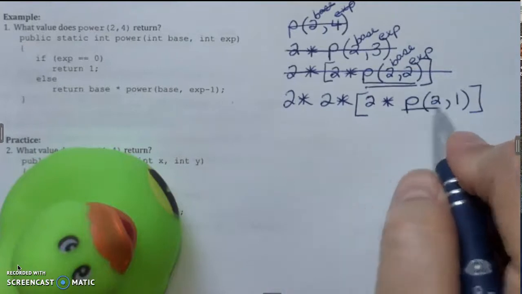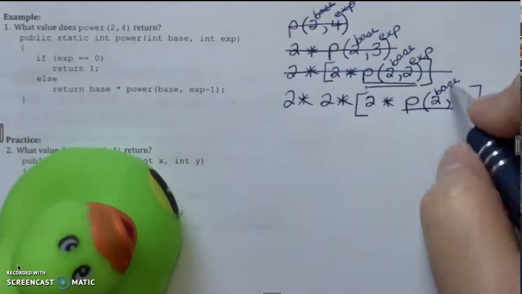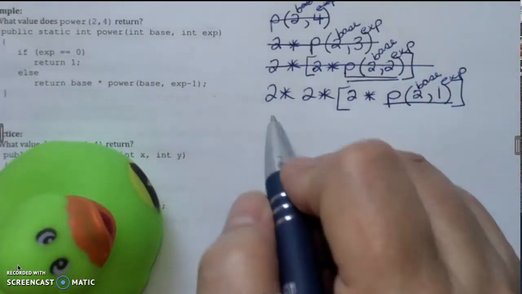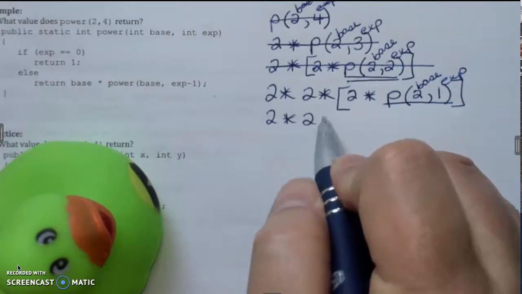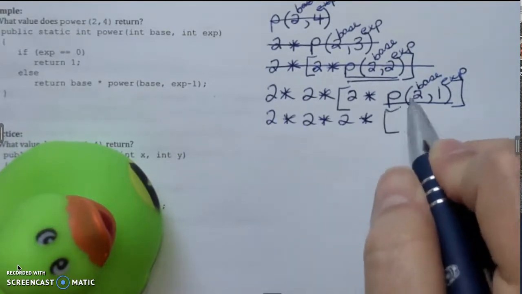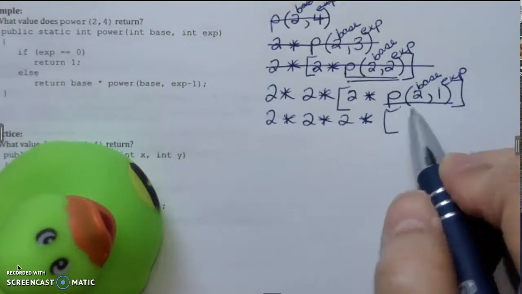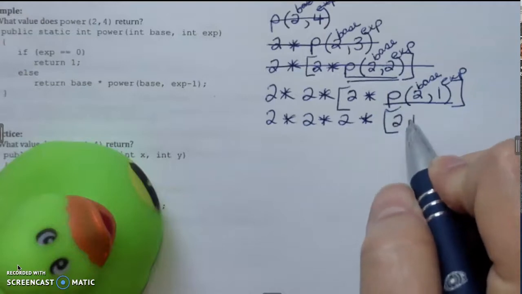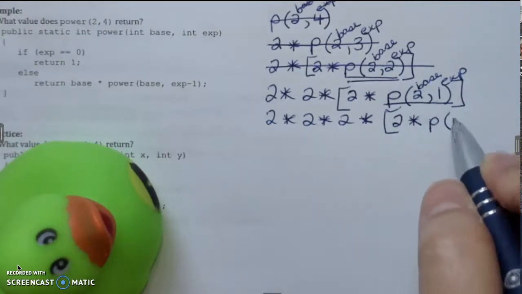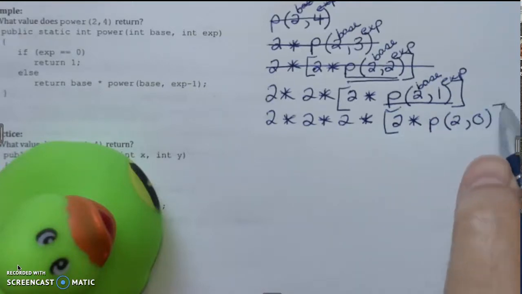Now I'm going to figure out what this is. Base is 2 when I come into this method. exp is 1. I still have all this stuff, but I need to figure out what this method call does. exp is not 0, so I am still going to return 2 times the recursive call of base, which is 2, and exp minus 1, which would be 0.